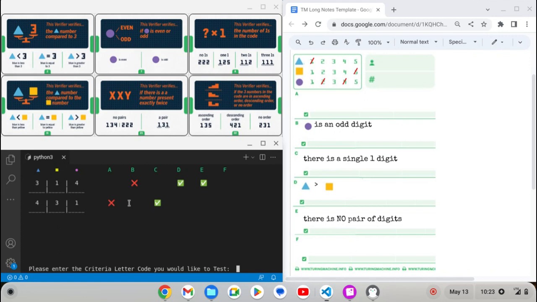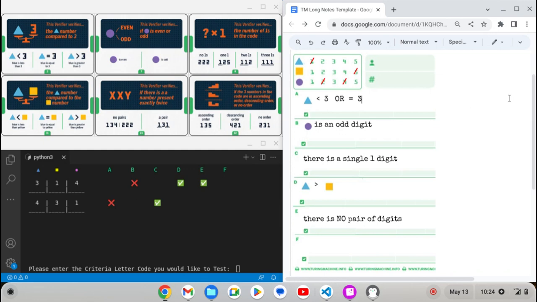Okay, so that is incorrect. So it is not greater than 3. So triangle then is either equal to 3 or less than 3.